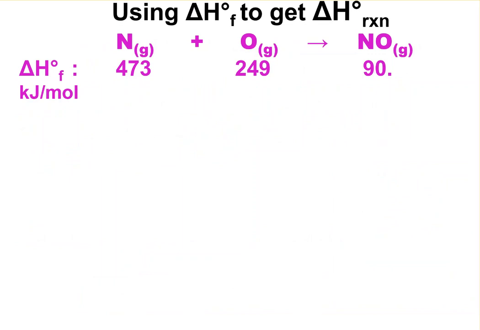Okay, well, the handy thing about heats of formation is that you can use these to determine the heat of a reaction. So what we're going to do is just compare how much energy is in the reactants versus the products. Heats of formation have this fancy definition, but it's easy to just think of it as how much enthalpy is stored in that substance.